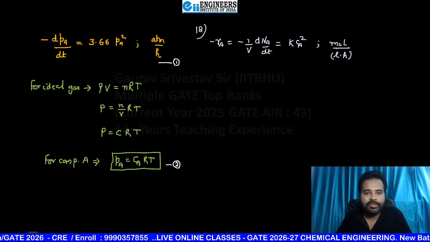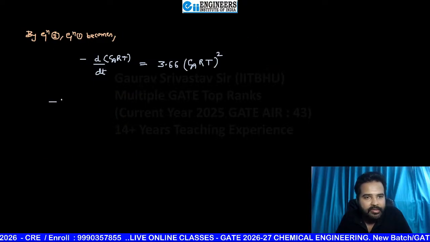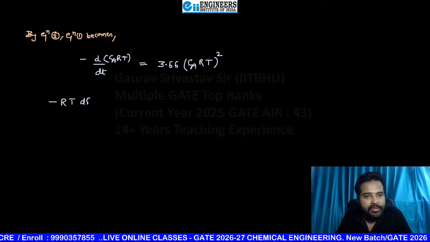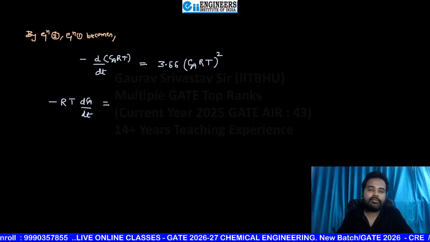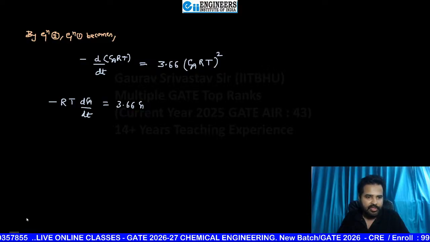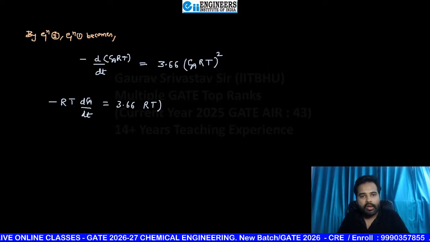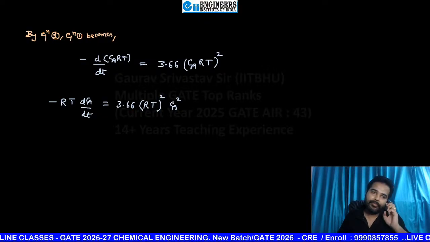So clearly I can write here minus RT into dCA by dt, and that becomes equal to 3.66 into RT square into CA square.